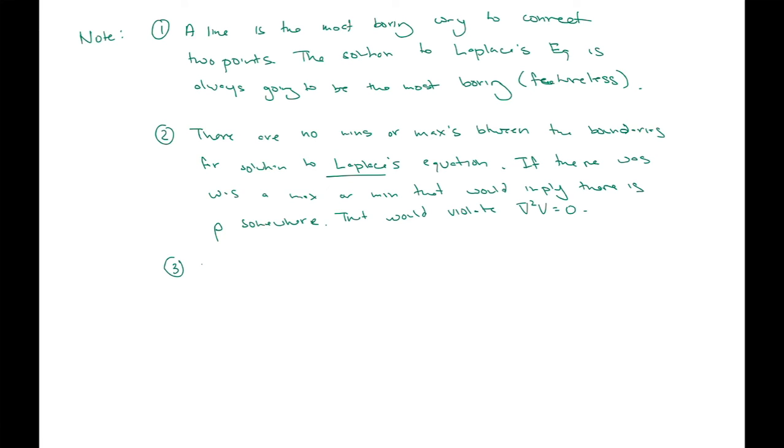Last little thing: if we know our potential is 0 at all boundaries, then V equals 0 everywhere. Essentially, you need some charge at the boundary in order to get an actual continuous non-zero function between those boundary spaces.